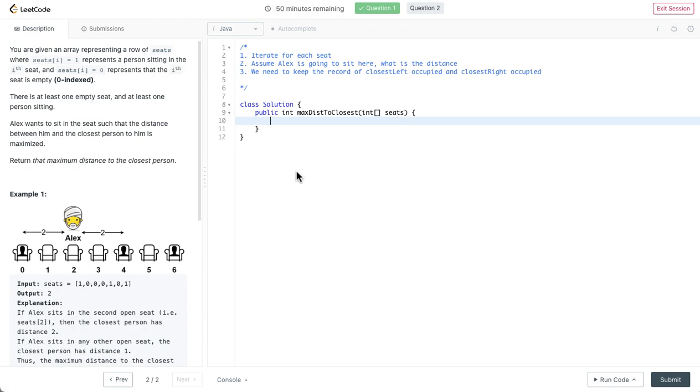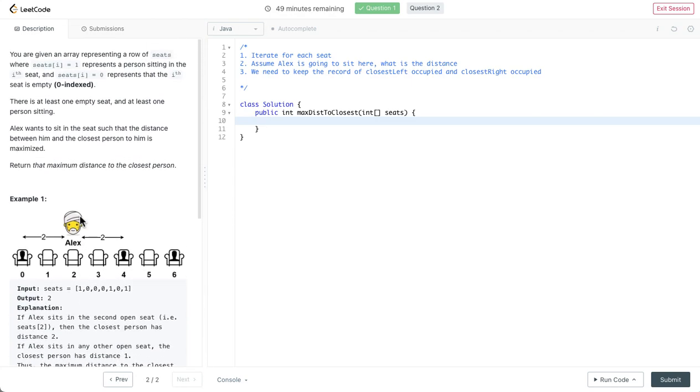So when Alex, for example, reaches this point, the closest right is going to keep incrementing until it reaches the next occupied, which is the 6th, and it stops. And then Alex can go here, and it will know the distance between this one and this one, and take the minimum of that.